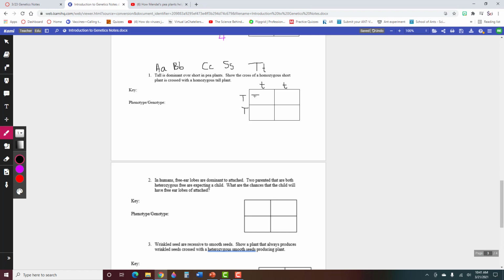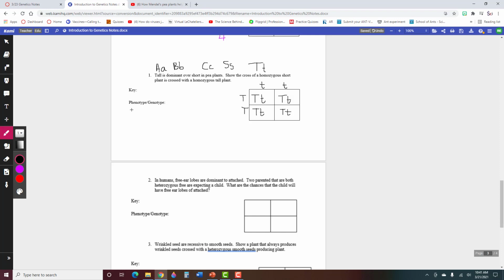So then we fill this out. Capital T, lowercase t, capital T, lowercase t, capital T, lowercase t, capital T, lowercase t. All of the offspring are going to inherit a capital T from one parent and a lowercase t from the other.